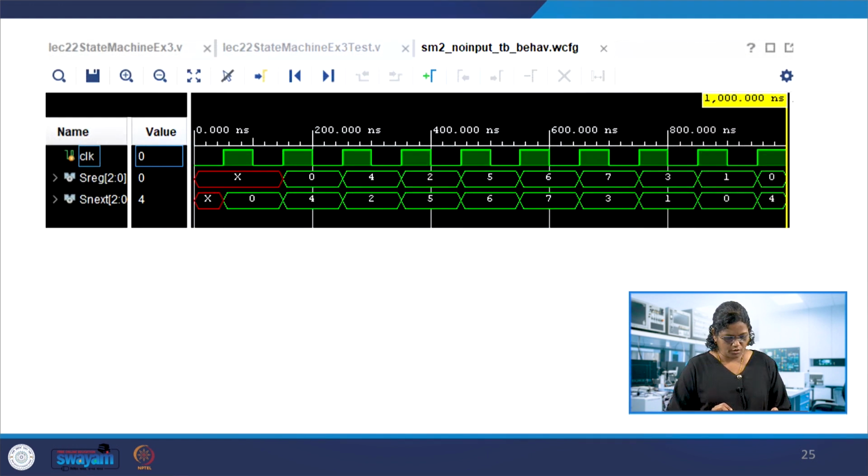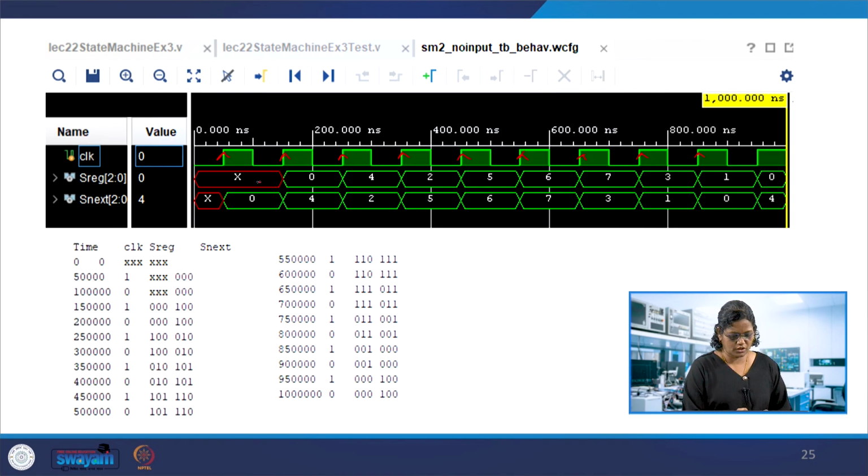So here is the output. We get the clock, and every clock edge we have this S reg for the first 100 nanoseconds, and then up to here. S next is assigned to S reg.